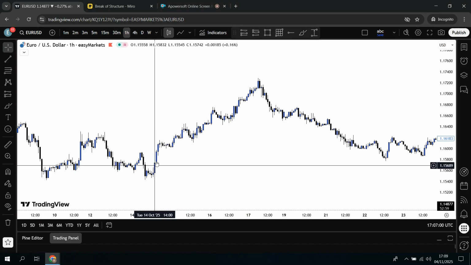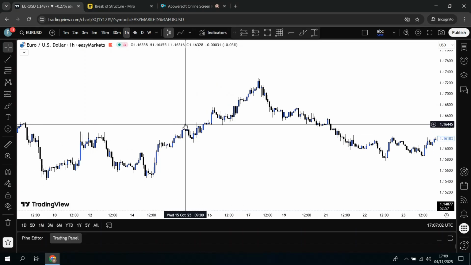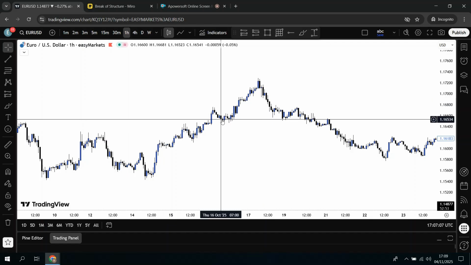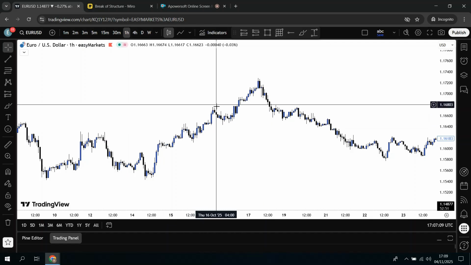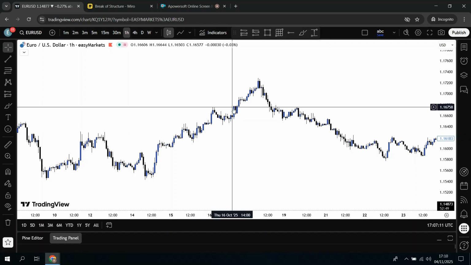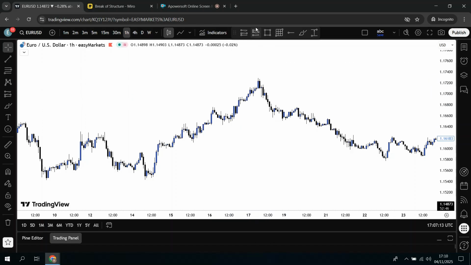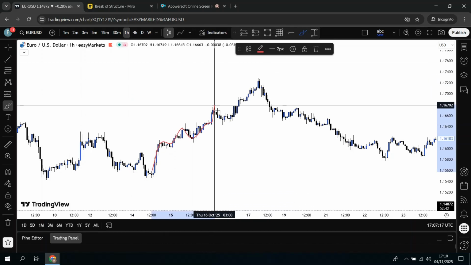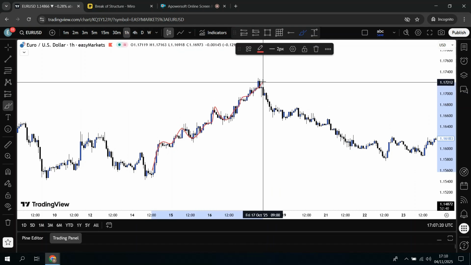So we got a low and a high. Higher low, higher high, higher low, higher high, higher low, higher high. You get the gist of it, right? You can quite clearly see it's an uptrend.